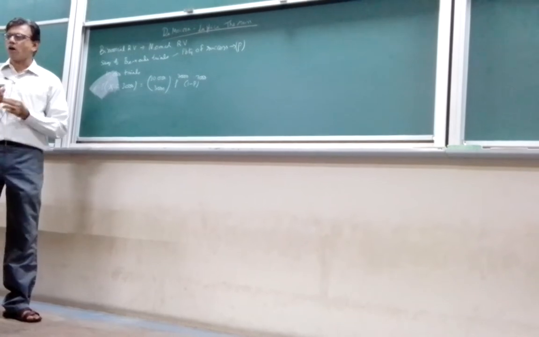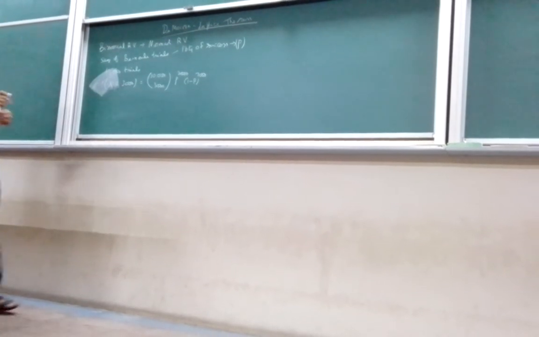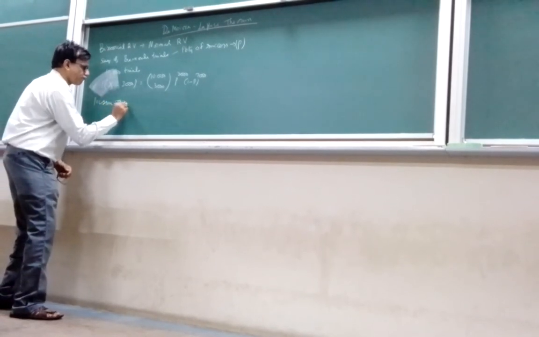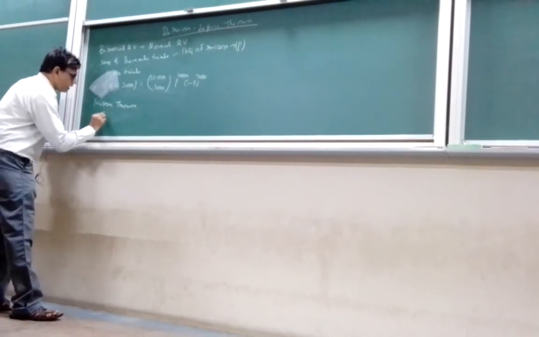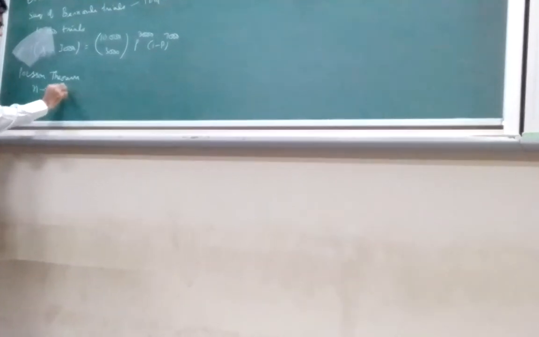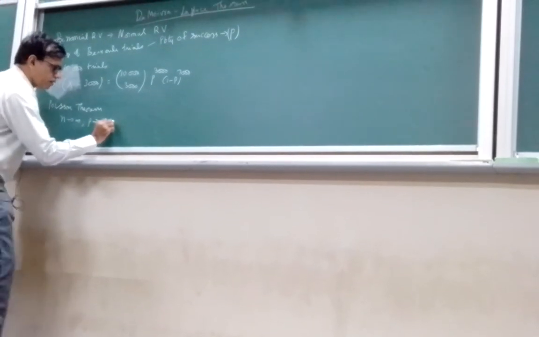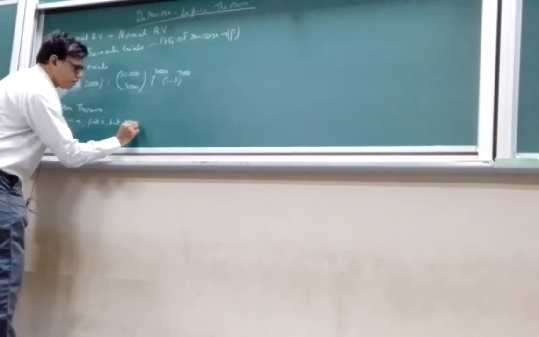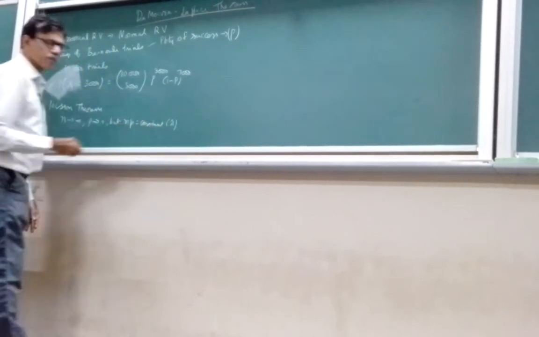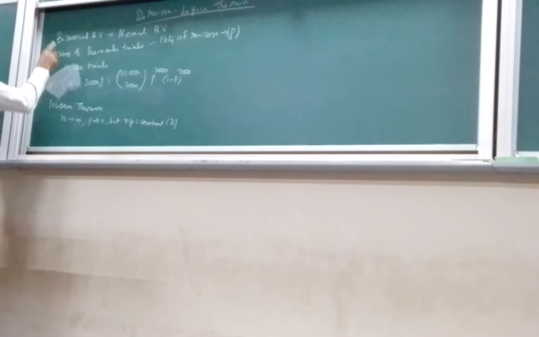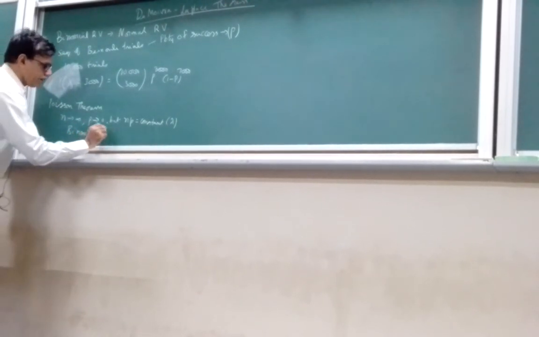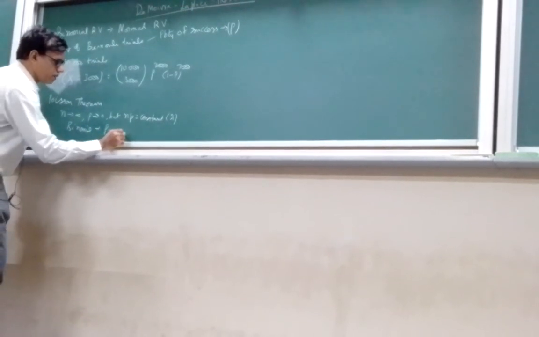We already looked at the Poisson theorem, which tells us that in the binomial case, when n tends to infinity, p tends to 0, but np is a constant, say lambda, then the binomial can be approximated by a Poisson random variable.